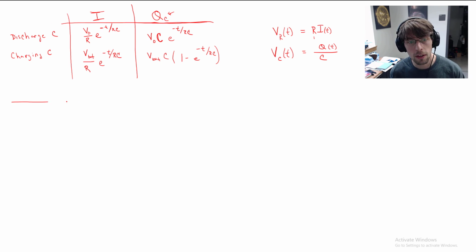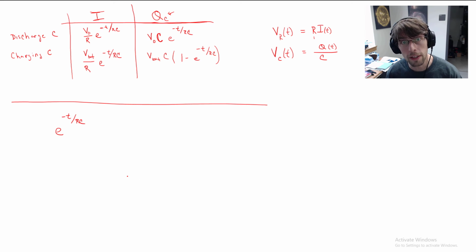The last thing I'll mention here: you notice that this e to the negative t over RC popped up all over the place. That happens enough that we give RC its own, I don't want to say definition, but its own term.